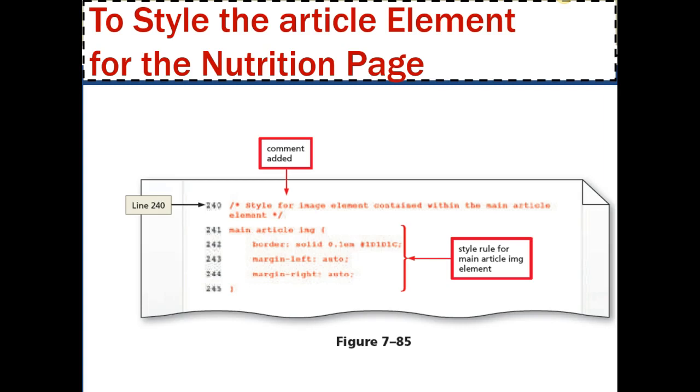So we need to center align the image element and maybe apply a border around the image. So we need to look at the style here. In this, we are going to add a comment, style for image element, and then we put the main article image, and then we put all the style rules that we want to apply to the main article image element.